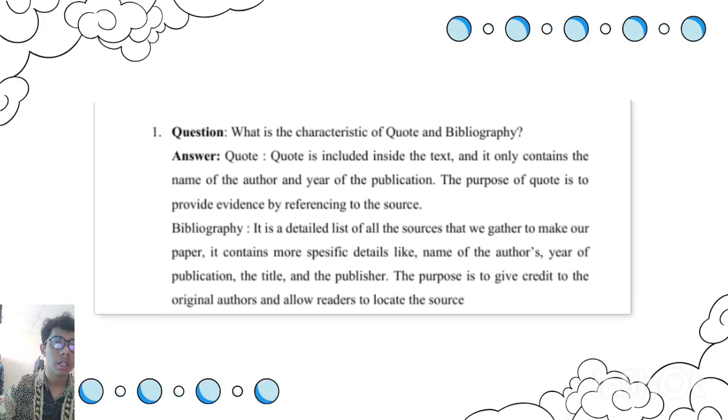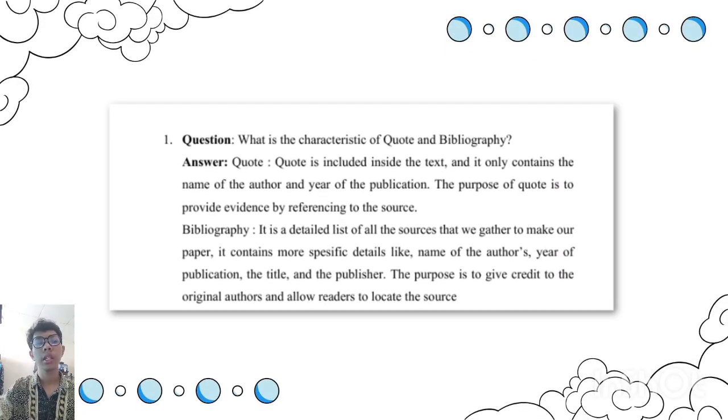The first question is, what is the characteristic of quotes and bibliographies? Any answers? Okay, the answer is, quotes are included inside the text, and they only contain the names of the authors and the year of publication. The purpose of a quote is to give evidence by referencing the sources.